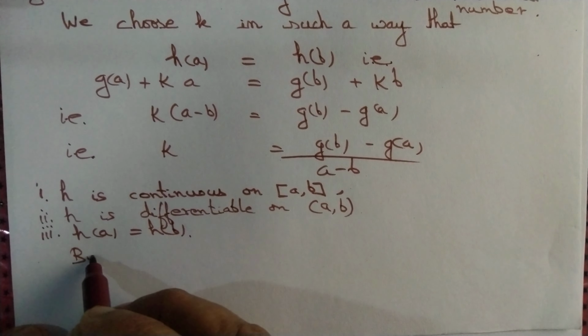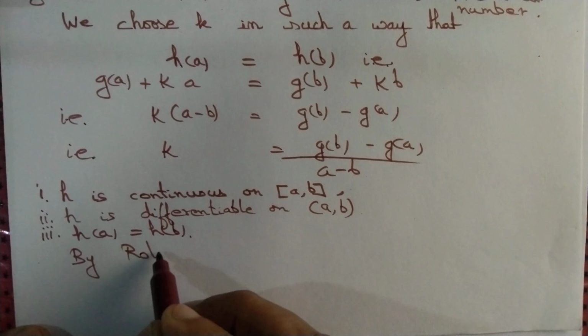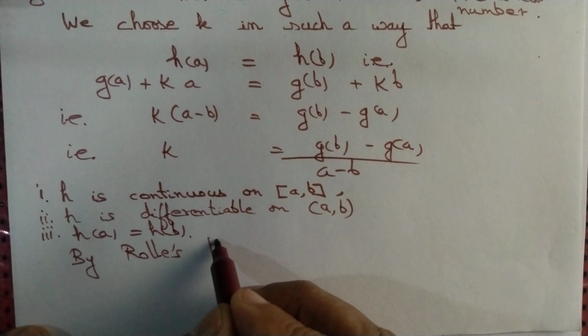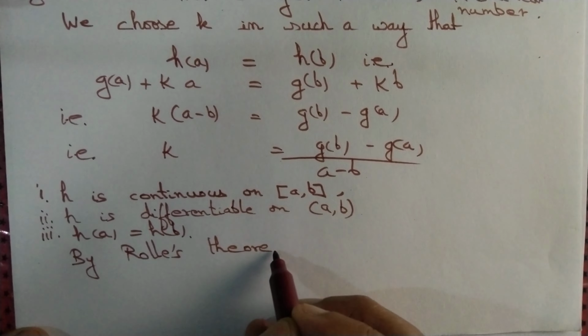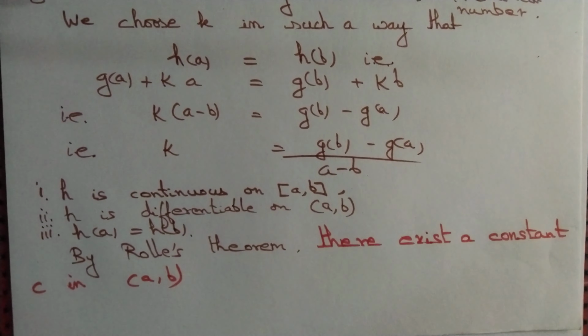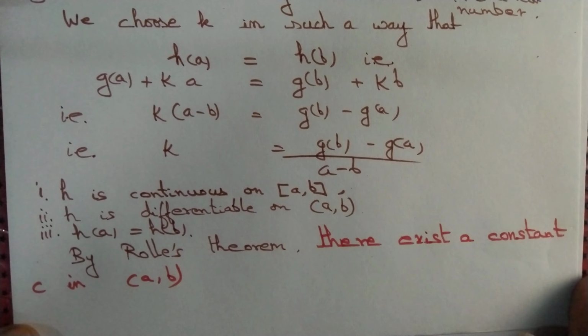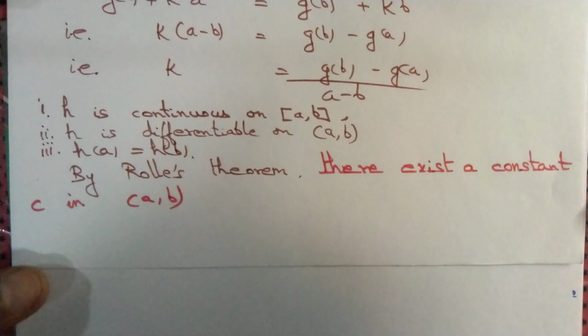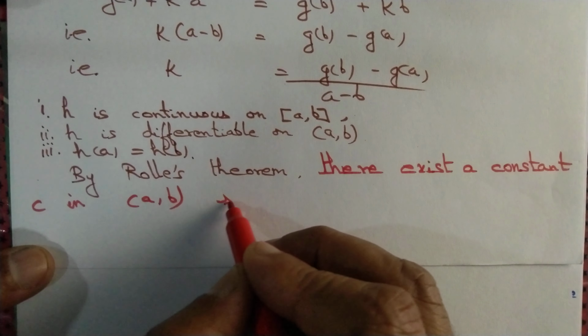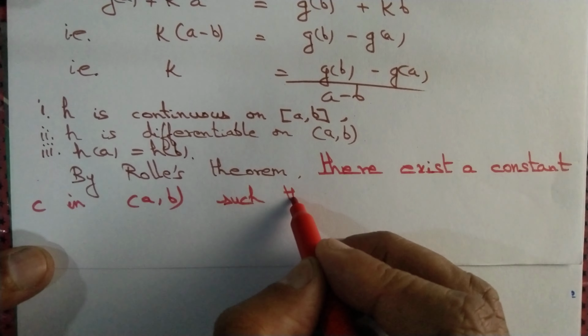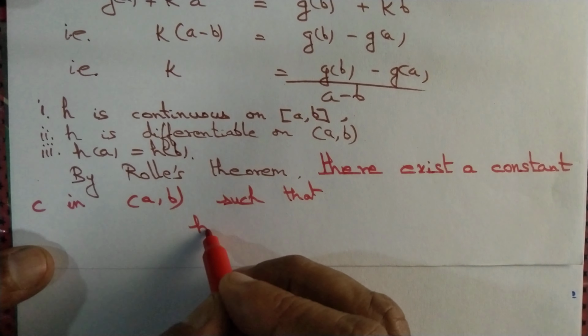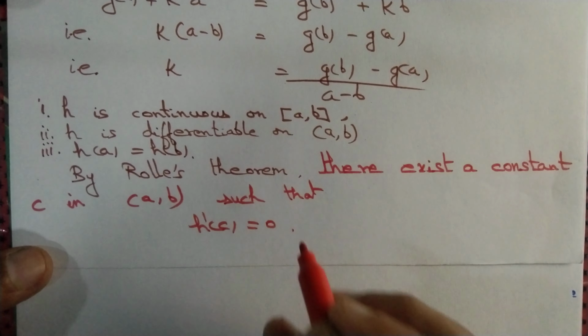By Rolle's theorem, there exists a constant c in the open interval (a, b) such that h'(c) is exactly equal to 0.